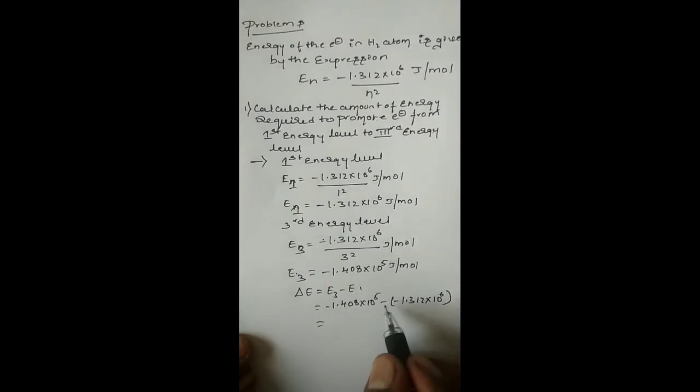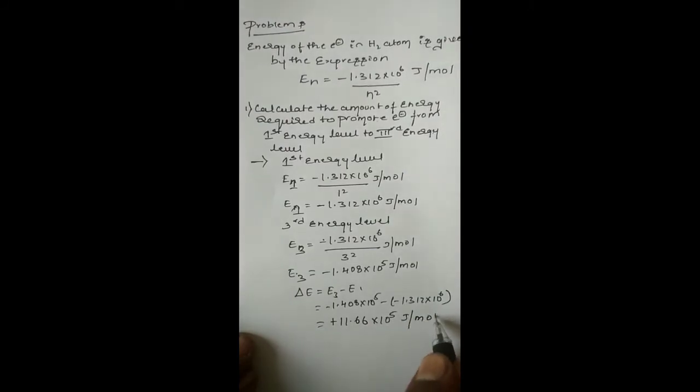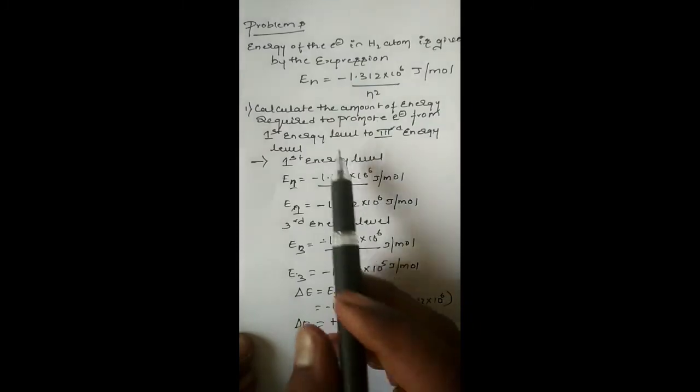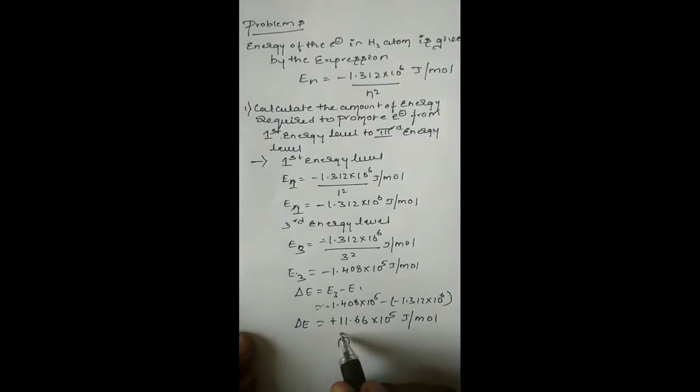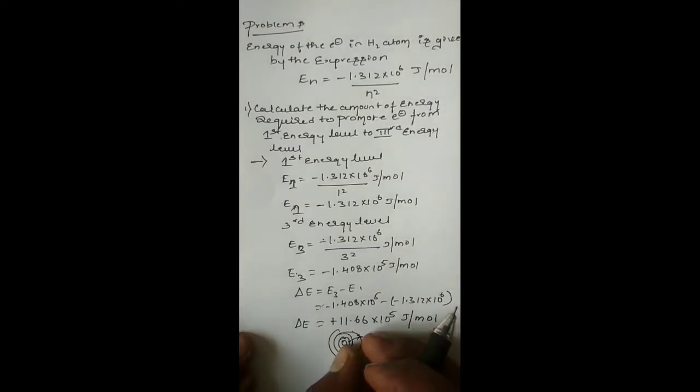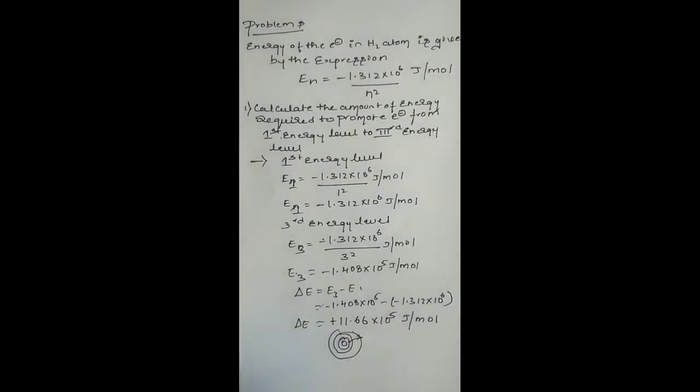Minus and minus becomes plus, so overall plus 11.66 into 10 to the power of 5 joules per mole. This much energy must be required to promote the electrons from the first orbital to the third orbital.